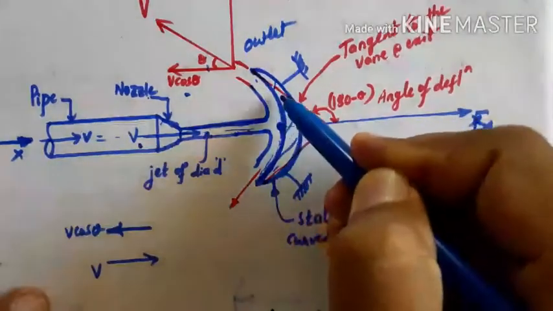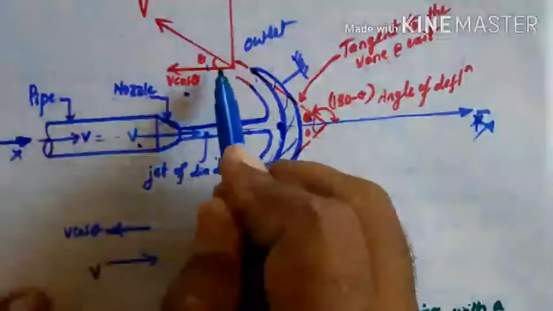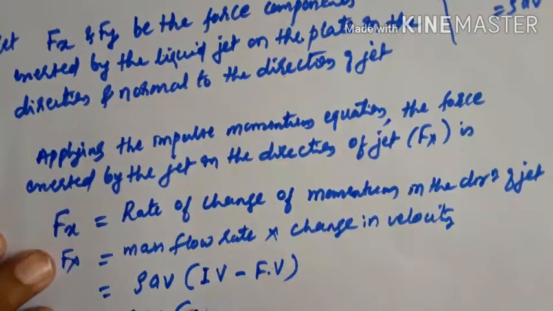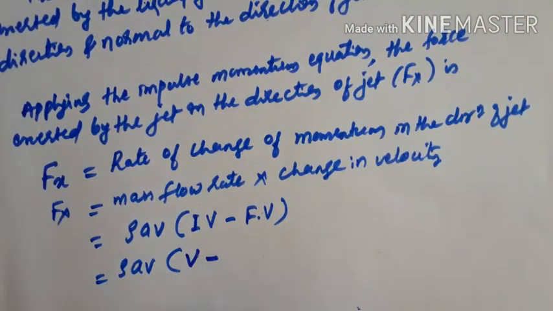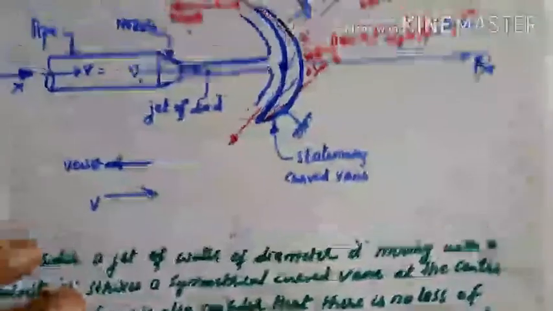Then after striking, it leaves with a velocity v, but we want it in the x direction. So initial velocity will be v minus final velocity, minus of minus v cos theta. Why minus of minus v cos theta?